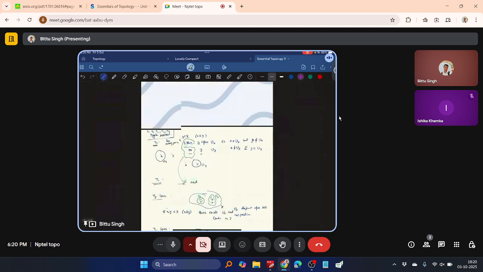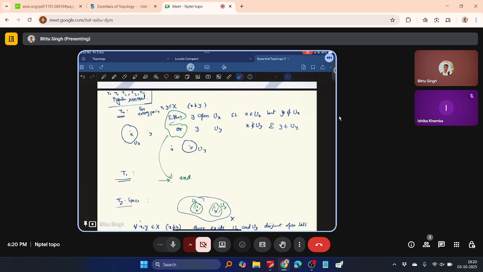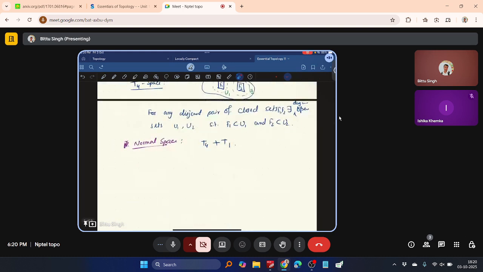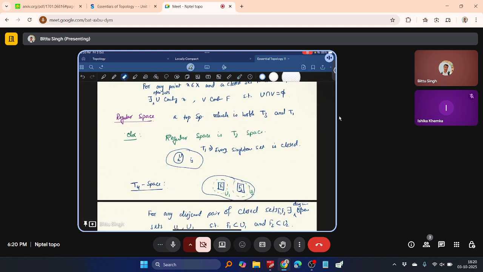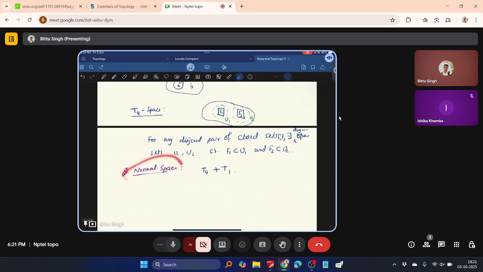So those are a few separation axioms, T0, T1 up to T4 space, and there are some additional assumptions which give us regular space and normal space.